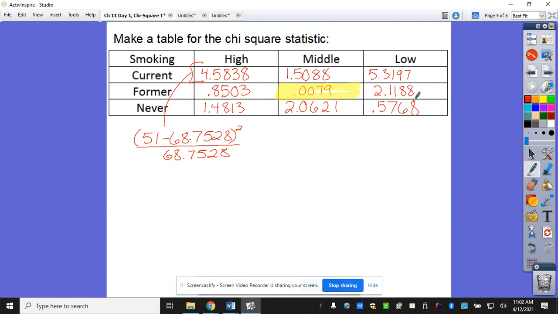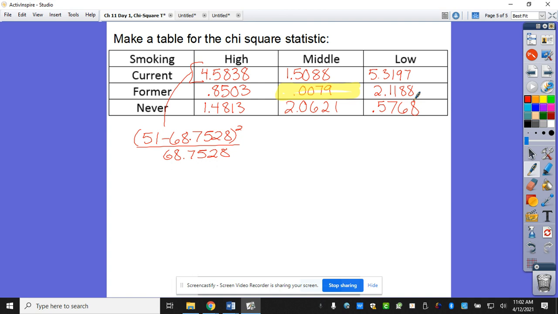Low current. Which one is the highest of those numbers? Low current. So that contributed most to the chi-square statistic. What does it mean that it contributed the most, based off of what we were talking about with middle former being so low? The observed was really different from what we were expecting.